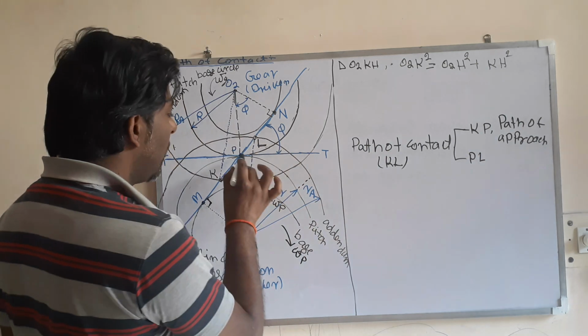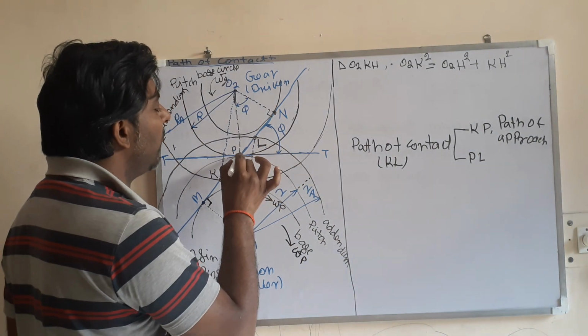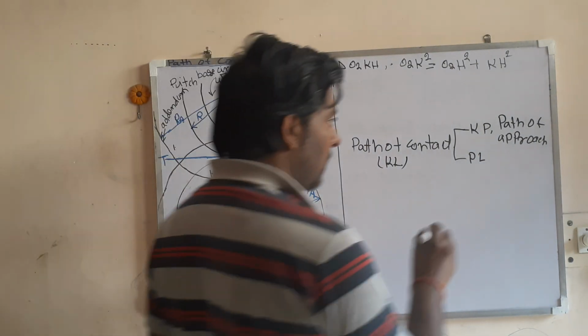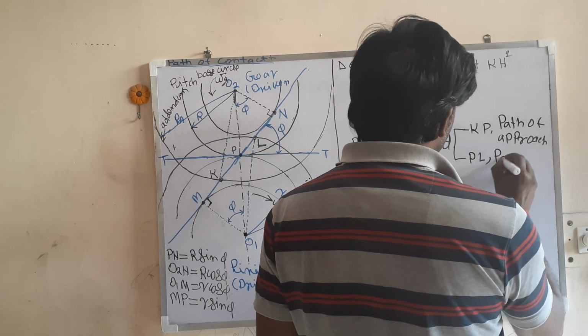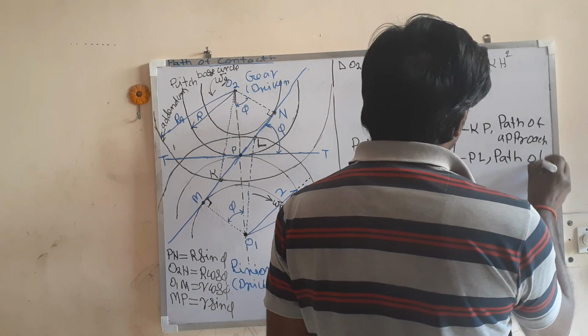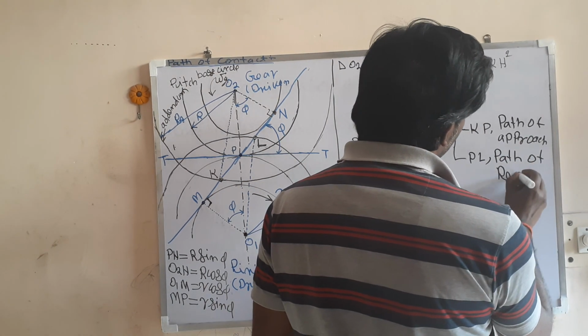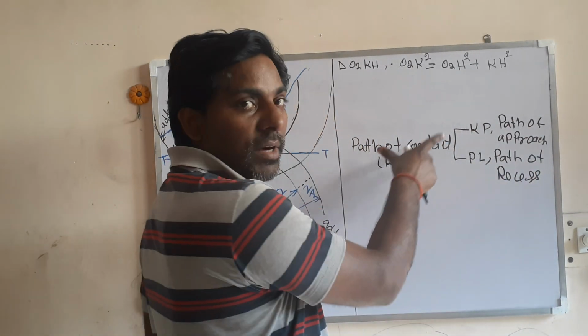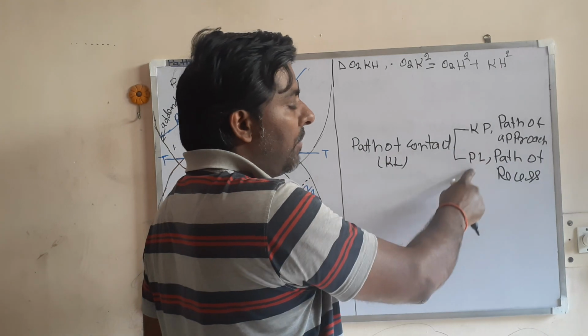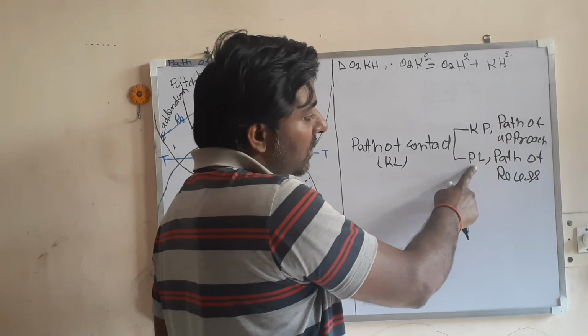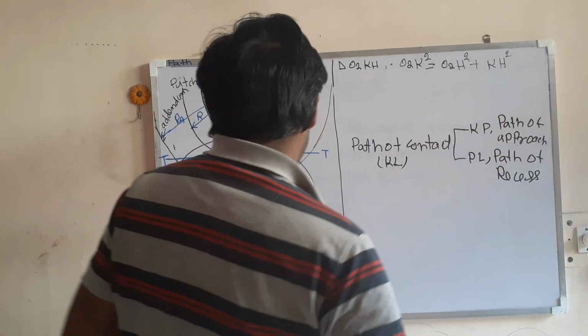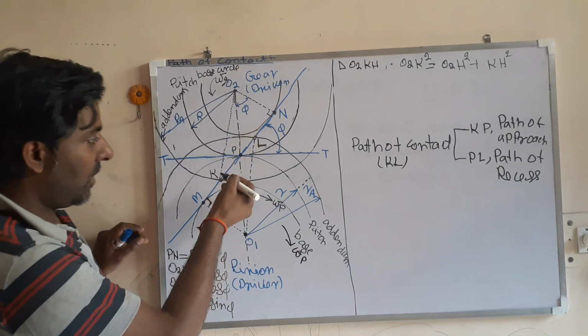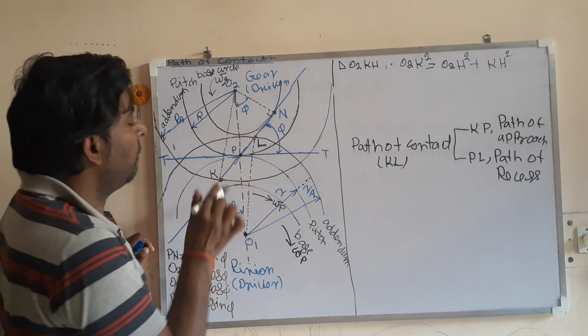And the distance from the pitch point to the end of engagement, that is PL, is known as the path of recess. So path of contact can be divided into two parts, KP and PL. KP is the path of approach and PL is the path of recess. Again, let us clarify.